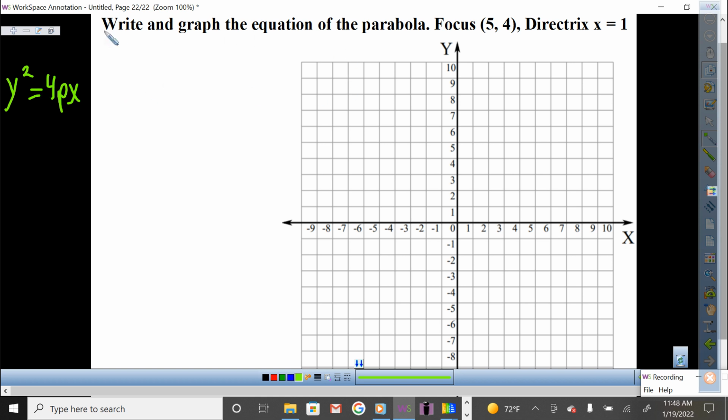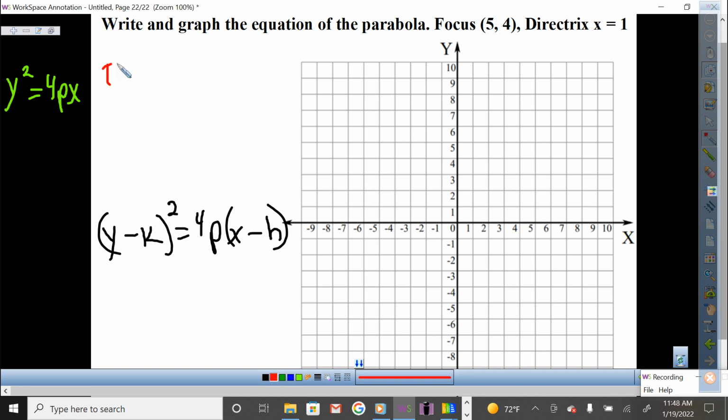However, does it say point of origin here? No, that means we need to rewrite a bigger equation. We have y squared equals 4px. So what goes next to the y? Minus k, and next to the x, minus h.